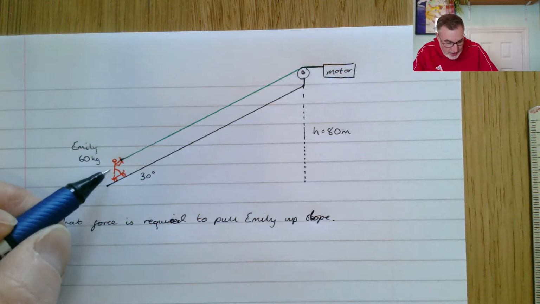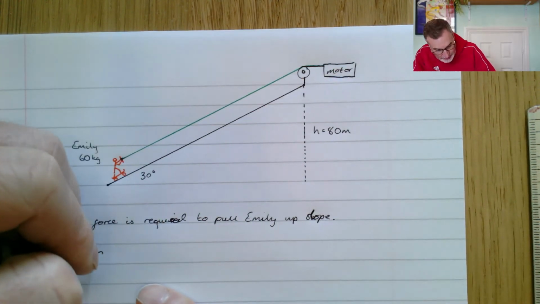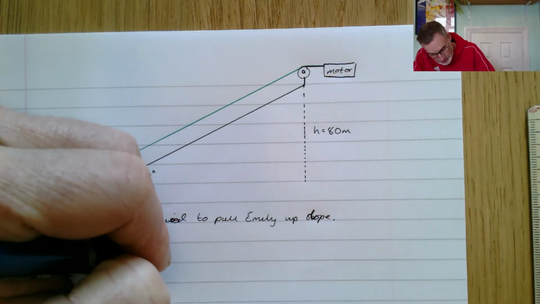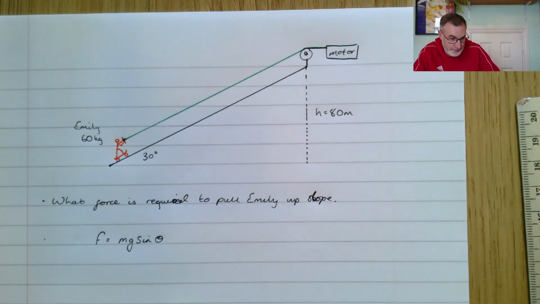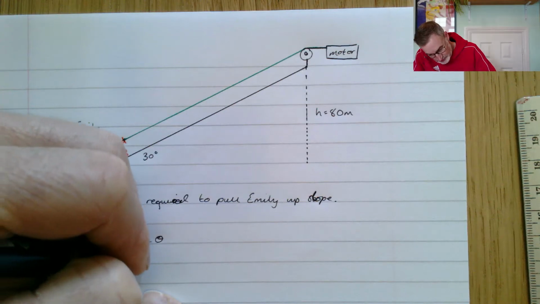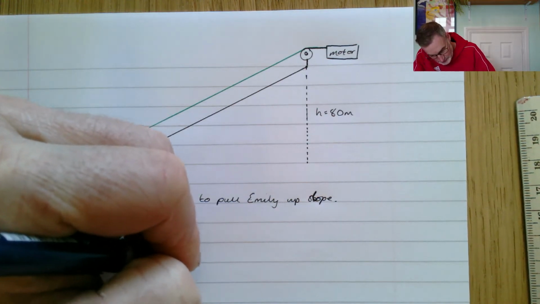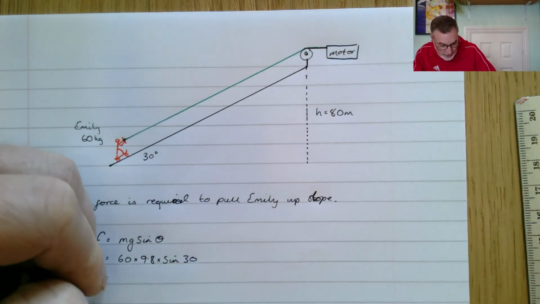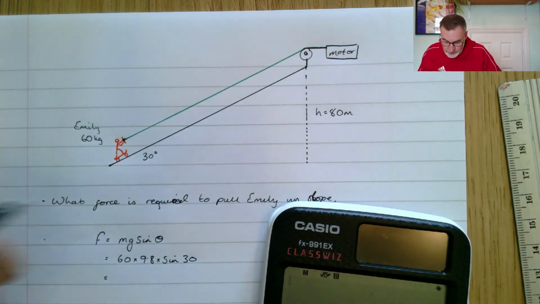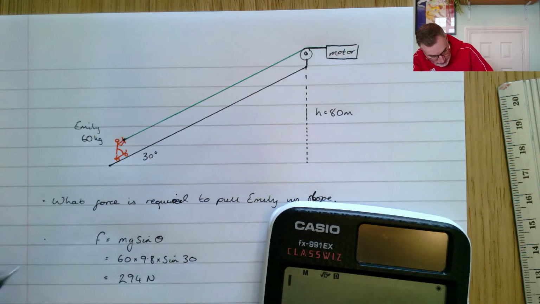So Emily has a mass of 60 kilograms, and we're just going to have F equals mg sine theta. So F equals mg sine 30. It'll just be 294 newtons.